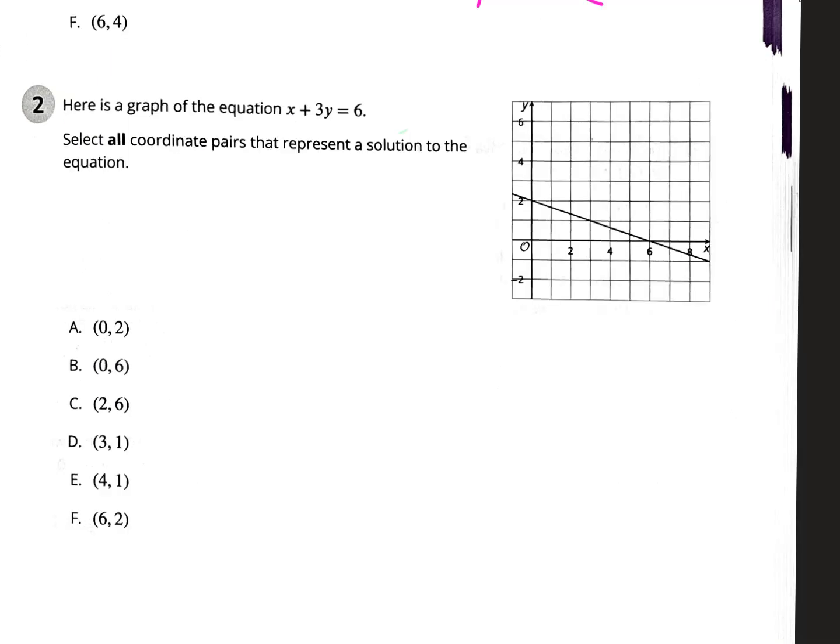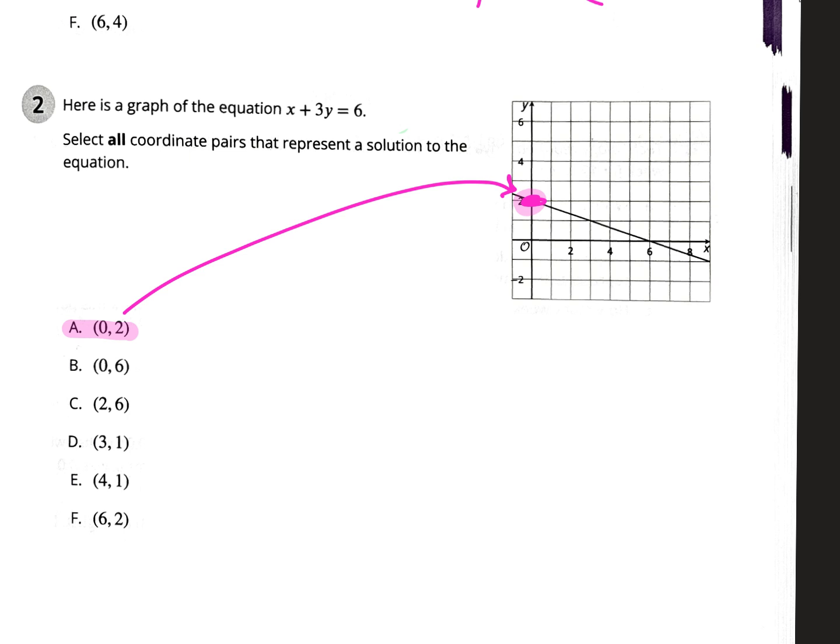So for number 2, they've actually given us the graph. So first of all, A is a solution because you can see that A, (0, 2), does in fact fall on the line. So pause the video, please. See if you can figure out what else should fall on the line.